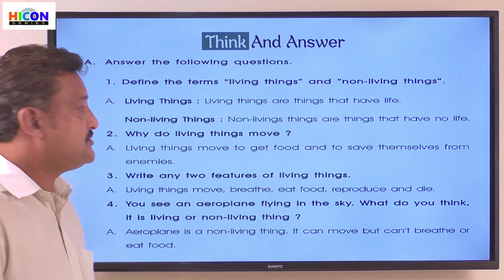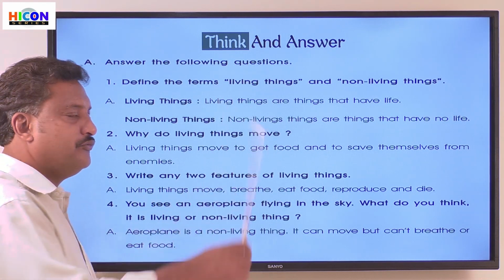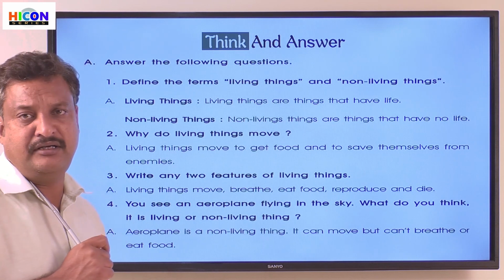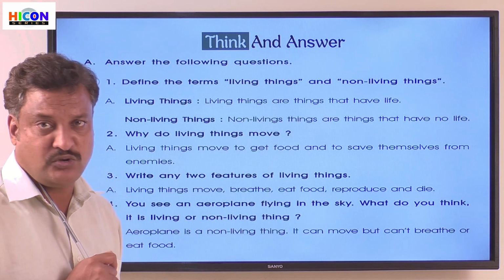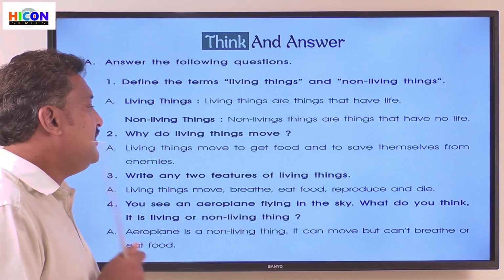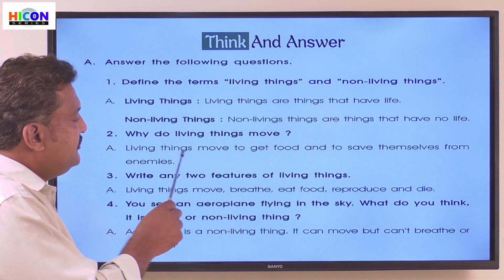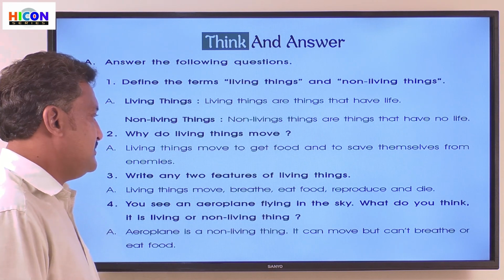Next. Why do living things move? So this is one particular speciality that we have learned, that living things move, non-living things do not move. Living things move to get food or to save themselves from enemies.